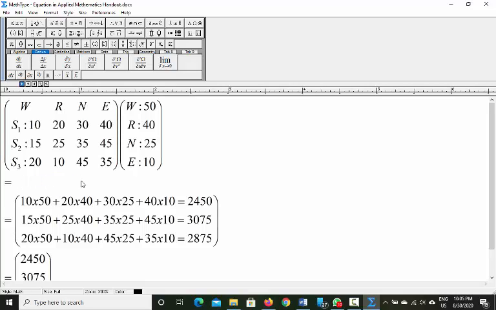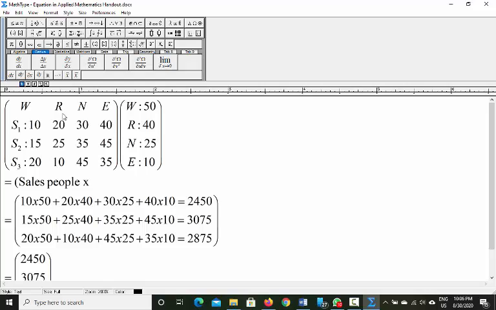Now let us check what we will get. In the first matrix, this is the first row, this is the second row, this is the third row. So in the row we have sales people, and in the column we have types of necklaces.